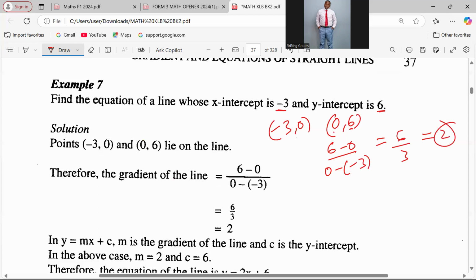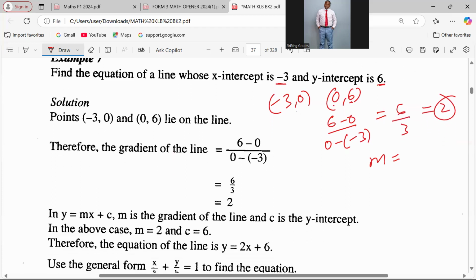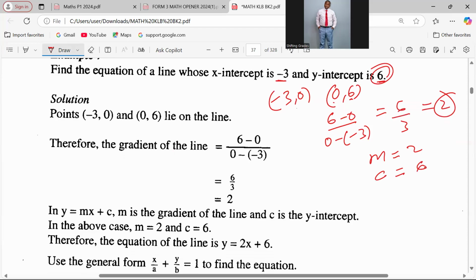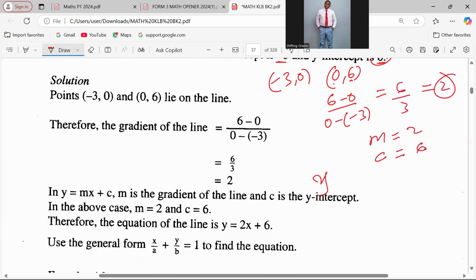Now with a gradient of 2, m equals 2. C equals the y-intercept, which is 6. The general equation is y = mx + c. M is 2, c is 6, so we feed those values in.